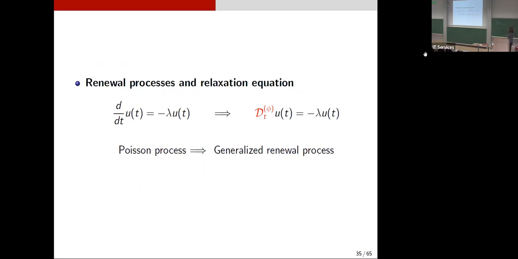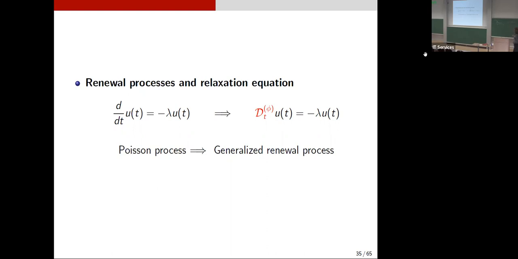Going back to the class of renewal processes, as I said before, we want to see what happens when we replace, in the relaxation equation, a very simple equation here, the first order derivative with respect to time by means of this general fractional derivative.